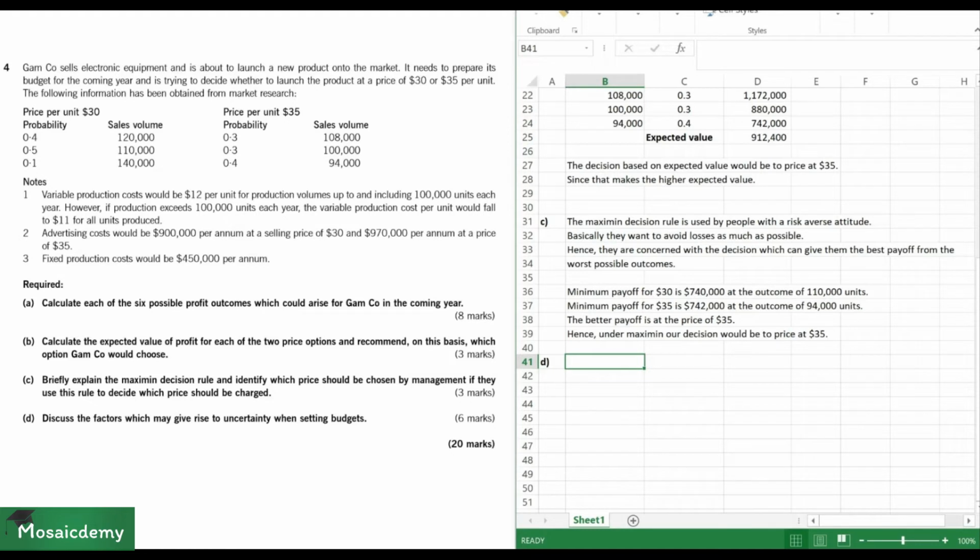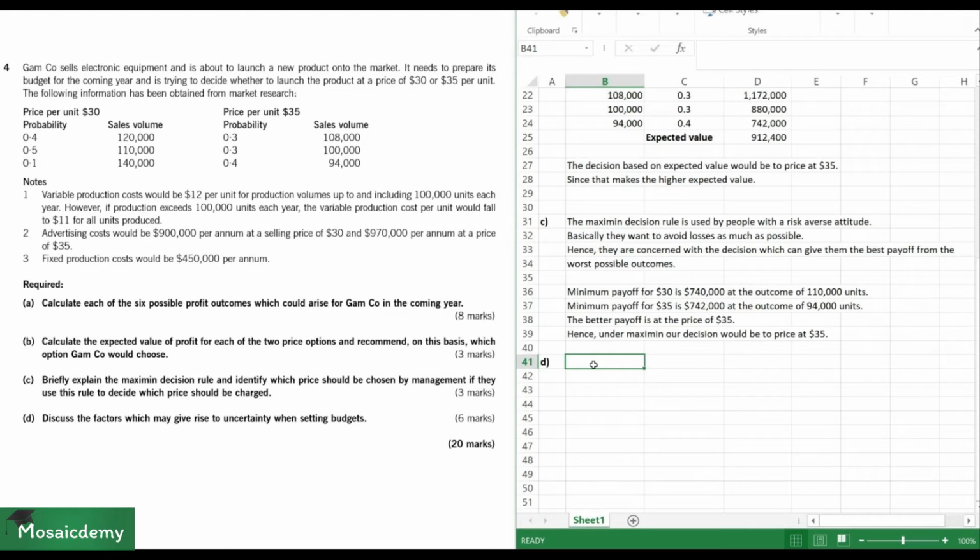So talk about the different external things that could happen that could give uncertainty to a budget, right? You could use the PESTEL analysis: politics, economics, social, technology, environmental, legal things can change. Build your analysis based on that, or something along those lines. Or just talk about the different stakeholders: customers, suppliers, the government, right?